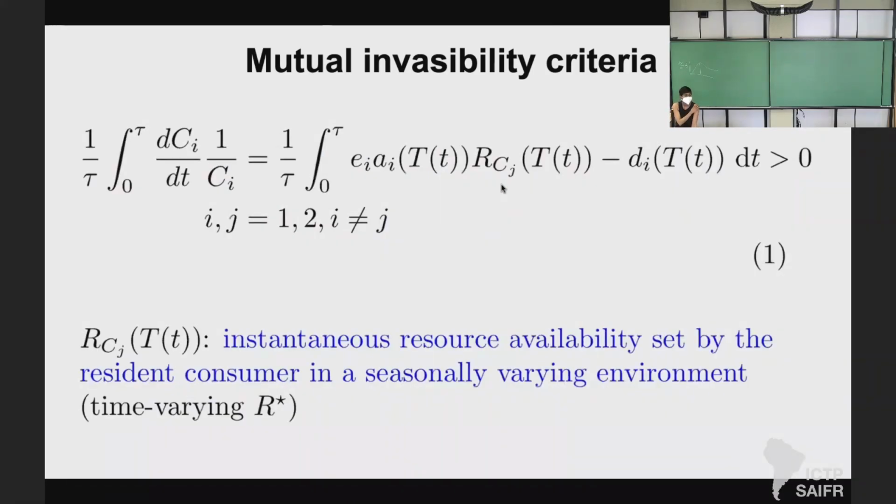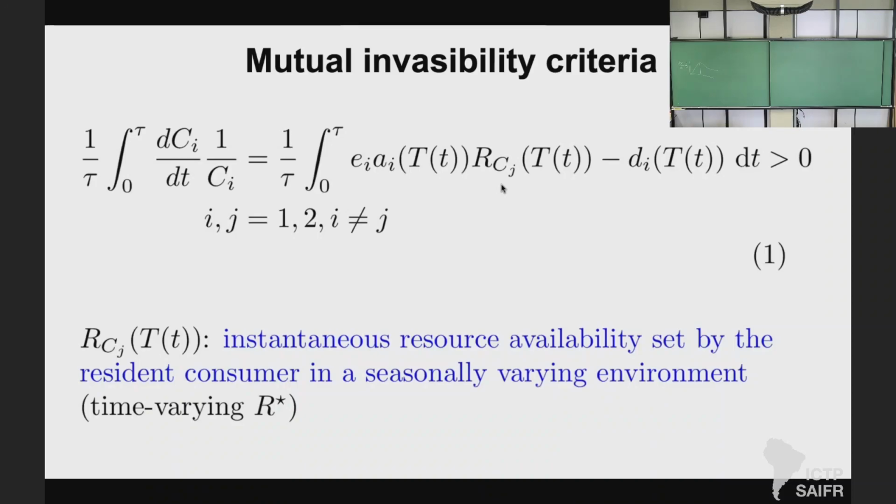Of course, these equations get a little trickier now. So now look at this. This is the right-hand side. It's the exact same thing. This is the invasion criterion for the invading consumer 2. And there is that quantity R star Cj of T, which is the Ci, actually, that should be Ci.